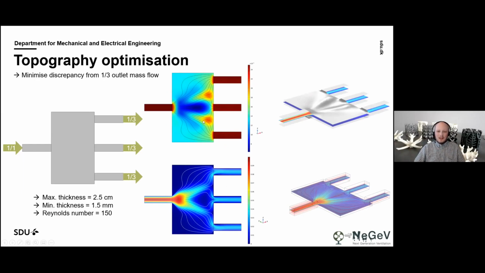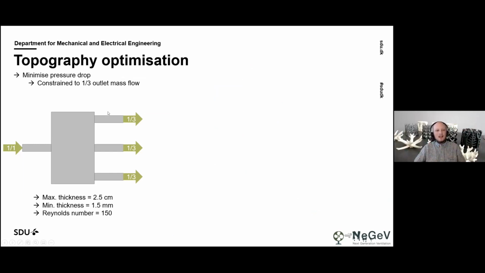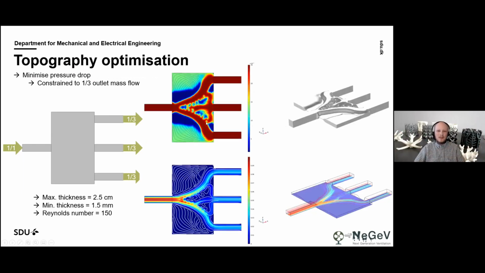But this has a relatively large pressure drop because we're using some thin regions where we're passing flow through to sort of distribute it. So if we change the problem slightly, we use these mass flows as constraints, and then we try to minimize the pressure drop from inlets to outlets.